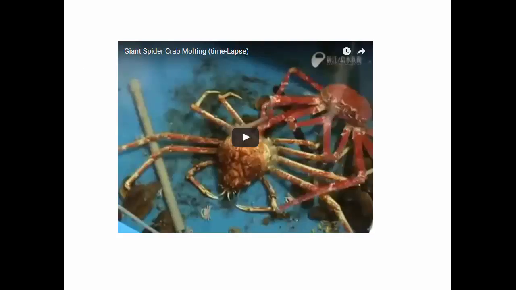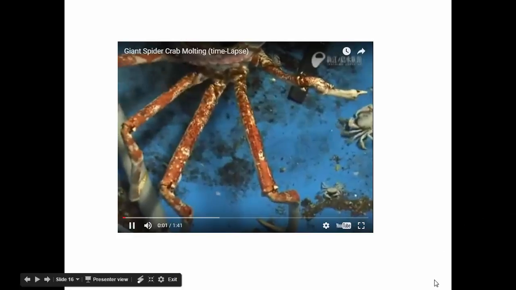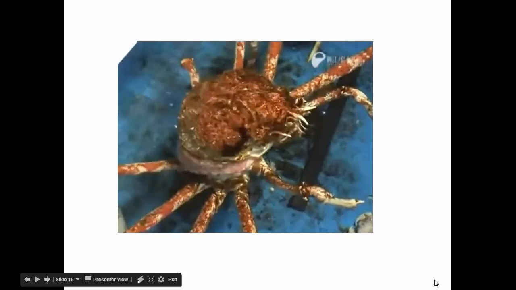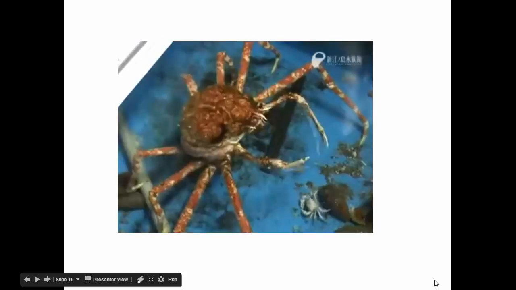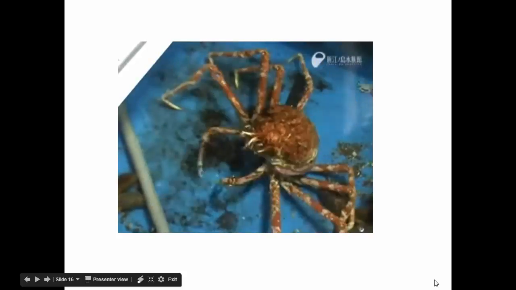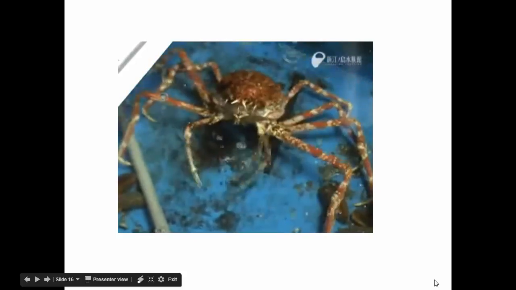All right, this video shows a crab. It's a spider crab from an aquarium, and it shows it molting from its shell. It's kind of neat to see. It's time lapse, but it's not super sped up. It does happen more slowly than the video appears, but you can see this crab just walking around in the aquarium, getting little bits of food, eating.